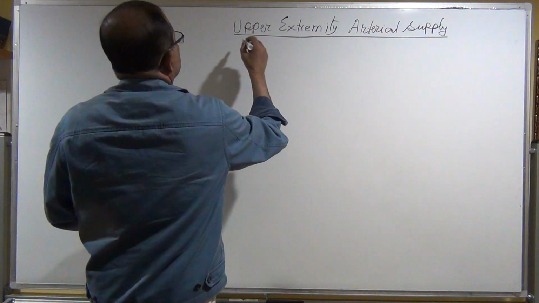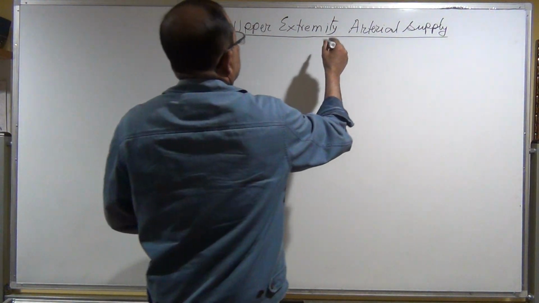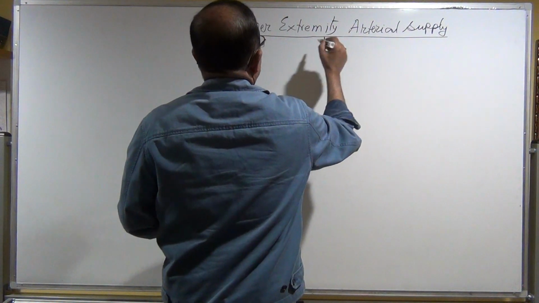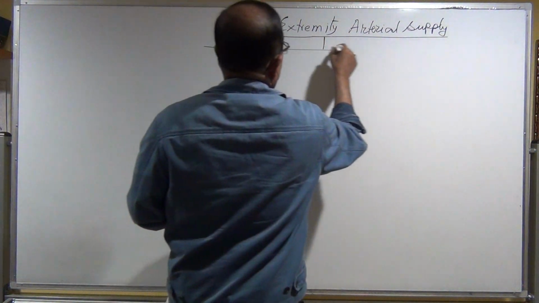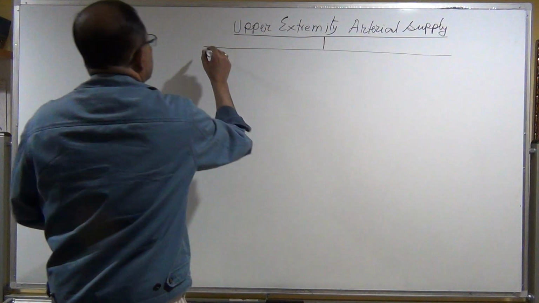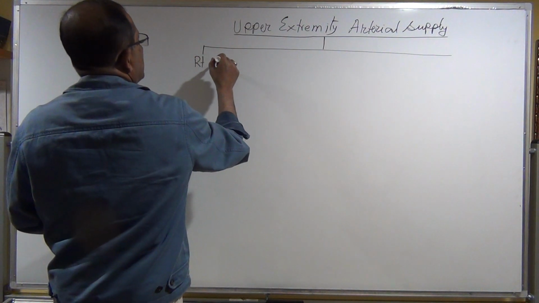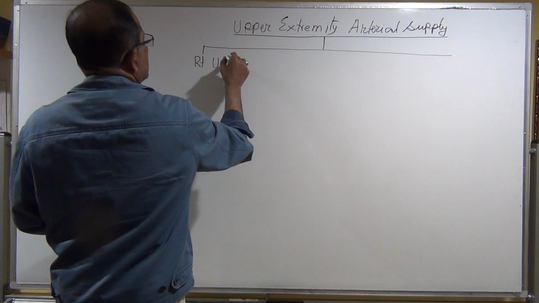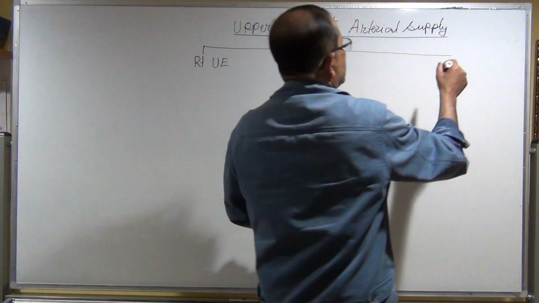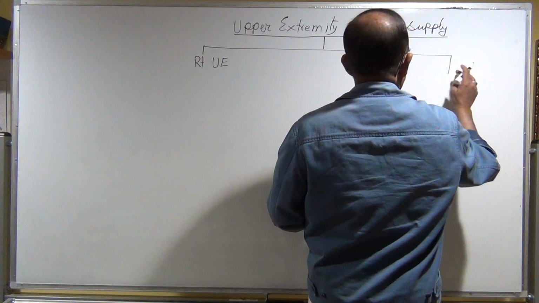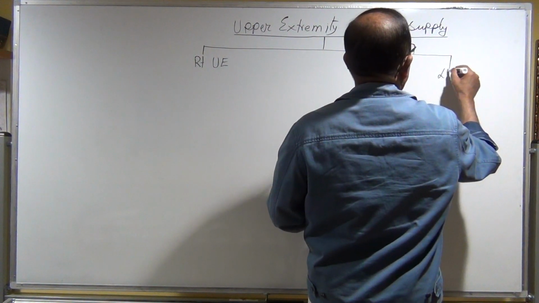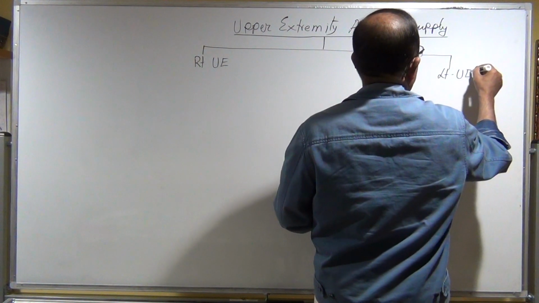So you can easily say there is a right upper extremity and a left upper extremity.